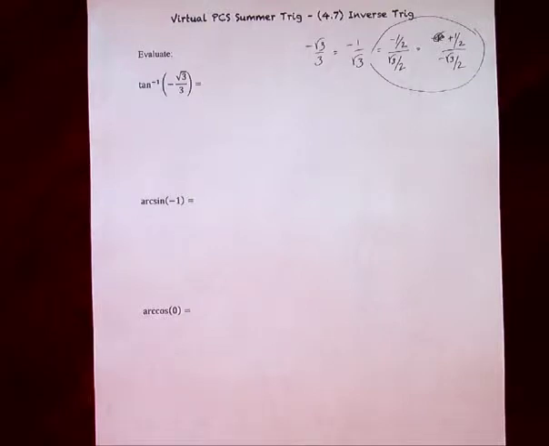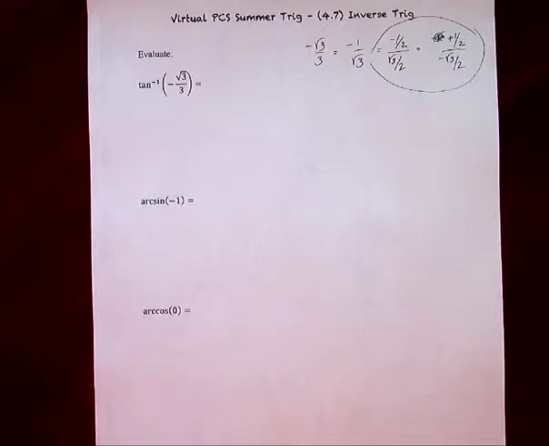So, let's go ahead and figure it out. Remember that we've just done some problems where we're looking for arcsine of root 3 over 2 and arccosine of 1/2, and those were at pi over 3. So this is the other side of that quadrant where the ordered pairs are reversed.